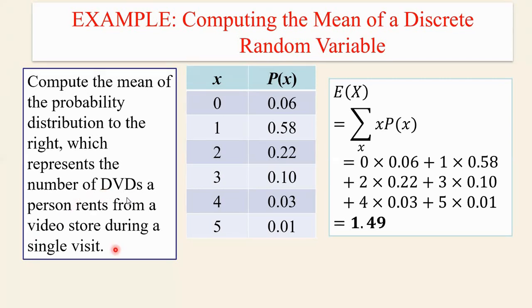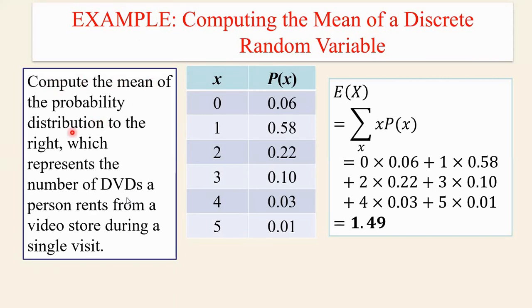There is a 22% chance to rent 2 DVDs from a video store during a single visit. So these all are the related probabilities of these values occurring. Right? Now we have to compute the mean.